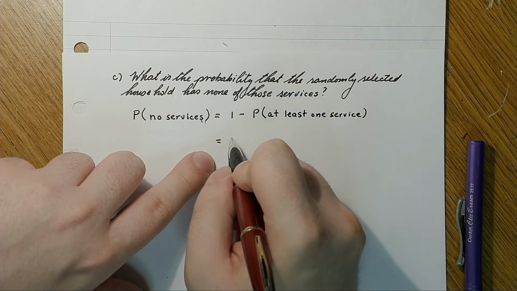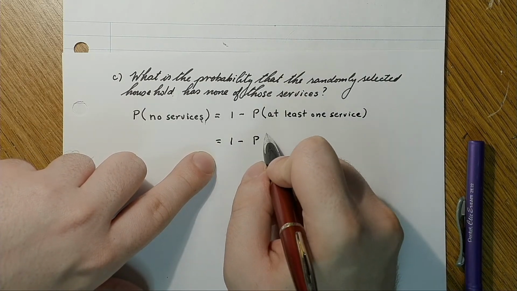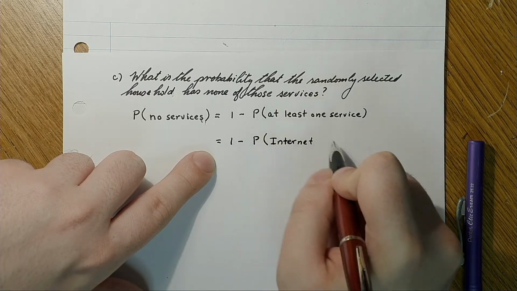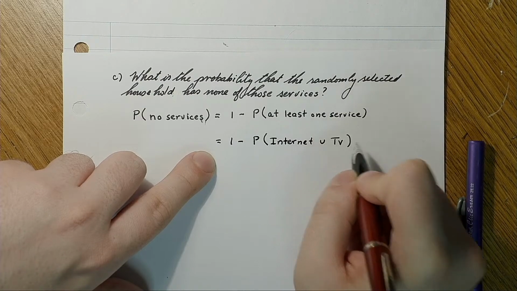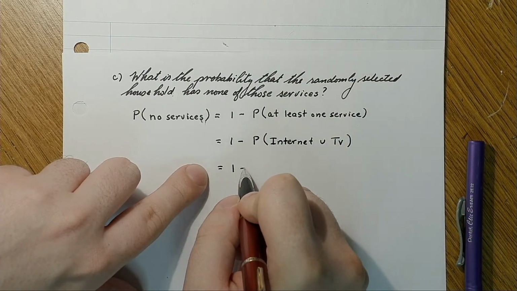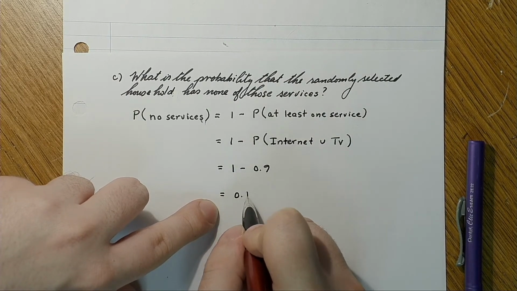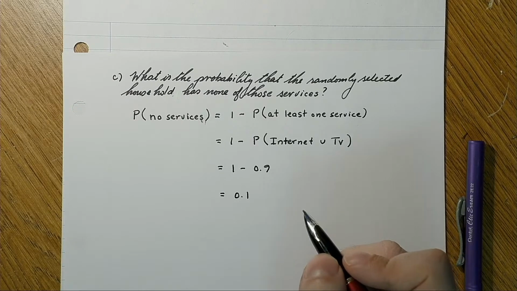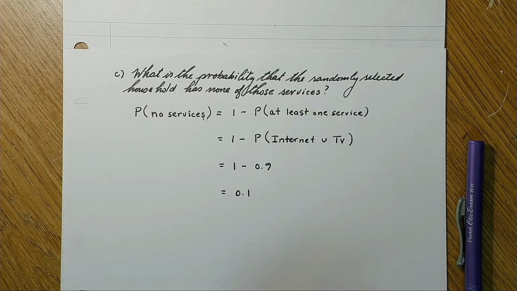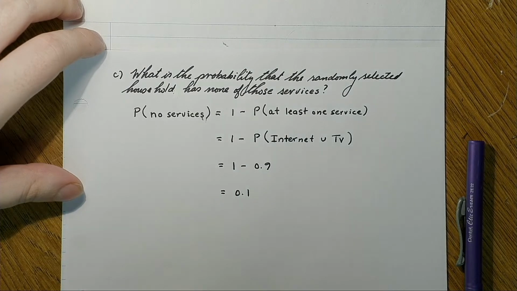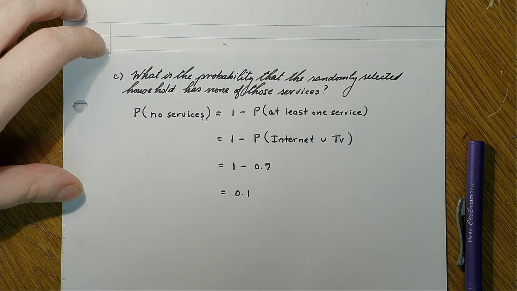But we already know that that's equivalent to us saying that it's the internet union TV, which is 1 minus 0.9, which equals 0.1. Okay, good. Any questions about that? Okay.